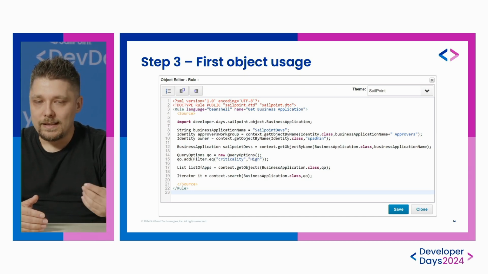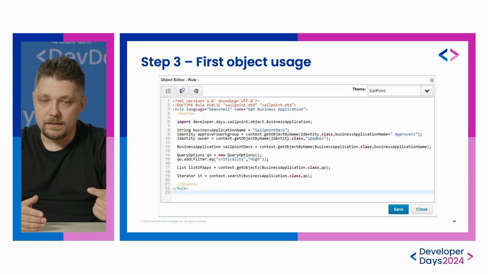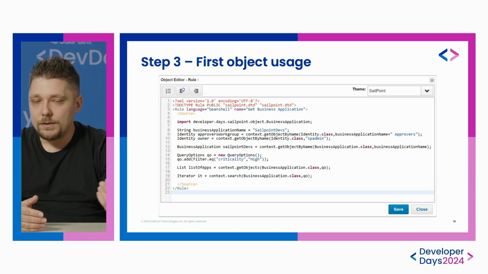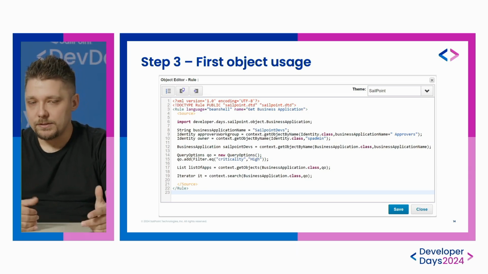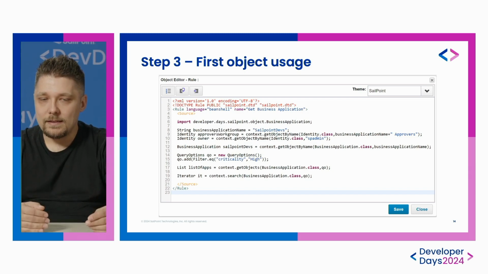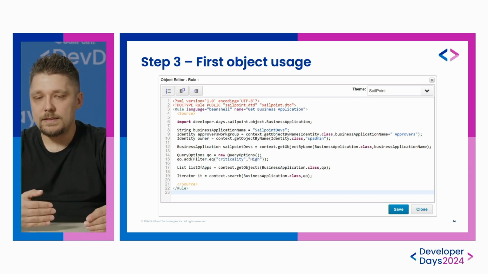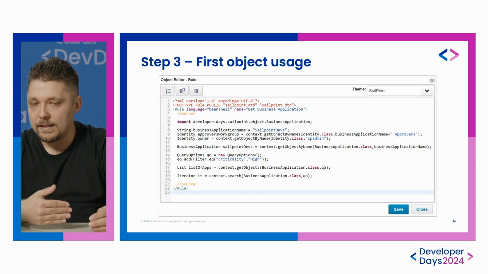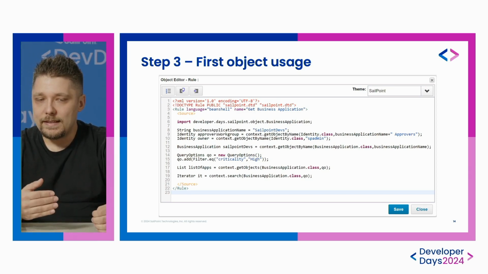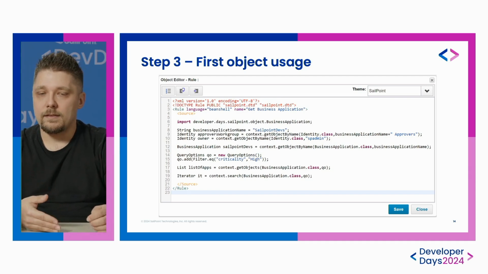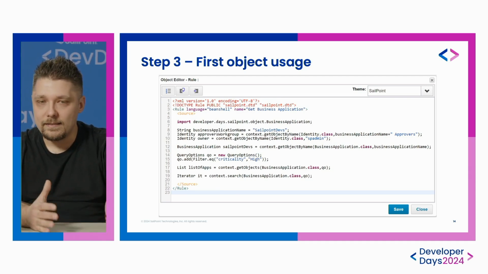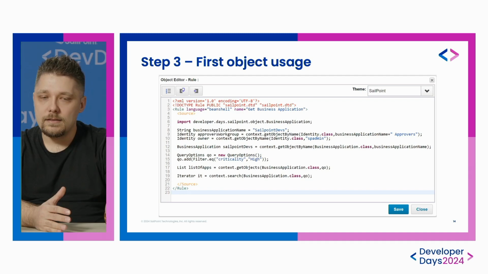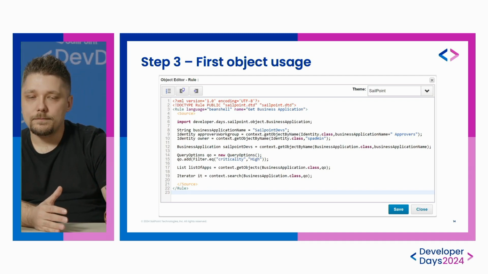What's more, in lines 14 and 15, you can see that we can use query options and projection queries to get only the objects that we really need. And as you see in lines 17 and 19, we can get iterators or lists the same way as we get all native IdentityIQ objects, right?